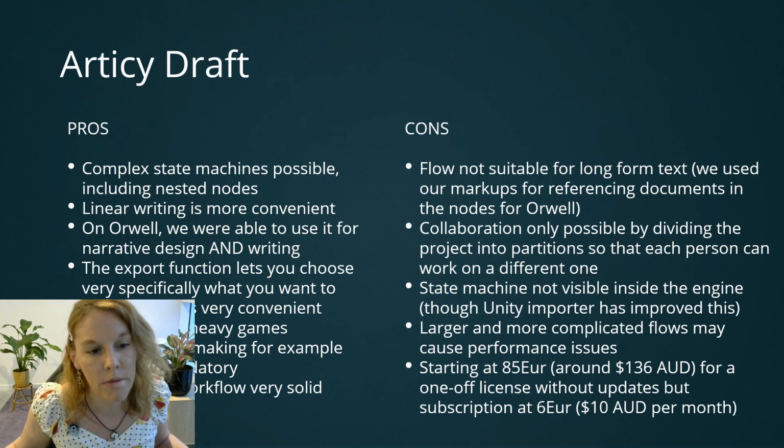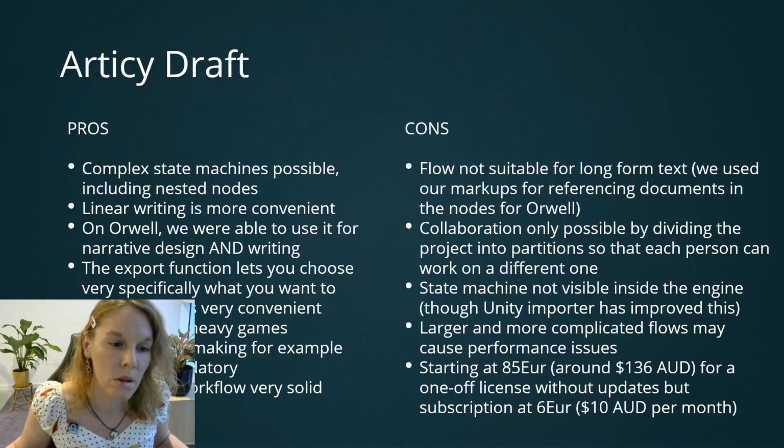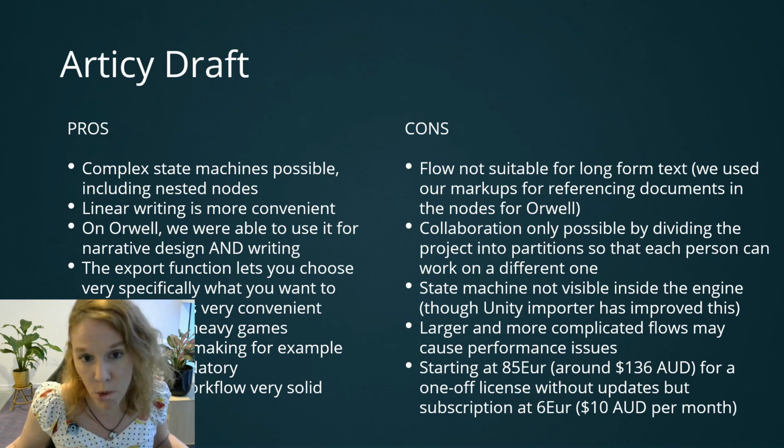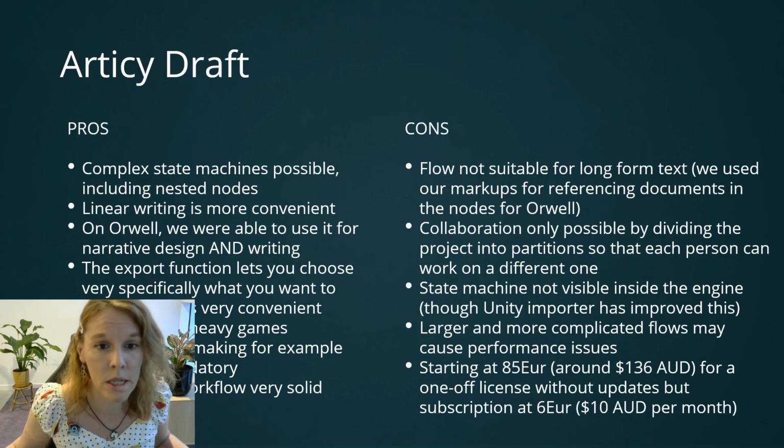And then we have a very solid localization workflow, which works in a way that also via Excel sheets, which you can import into Unity, and they actually have a free Unity importer, so you don't have to write that yourself either.